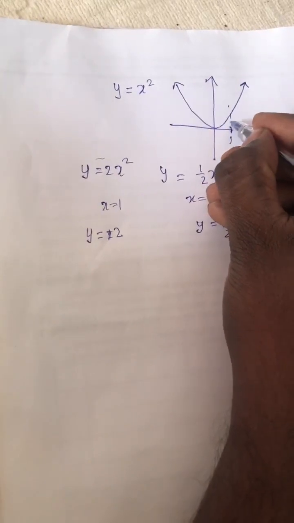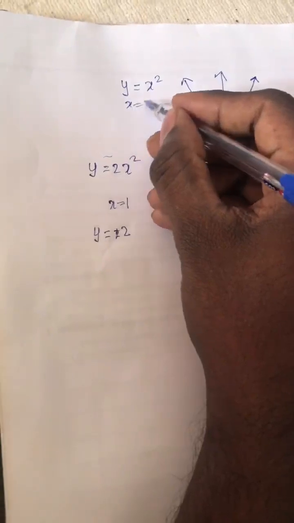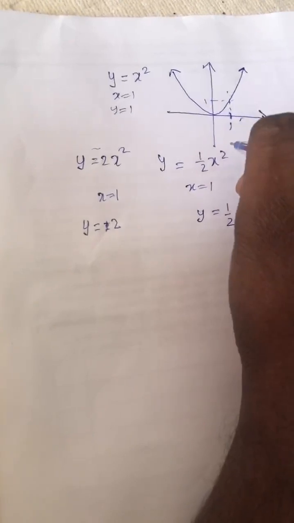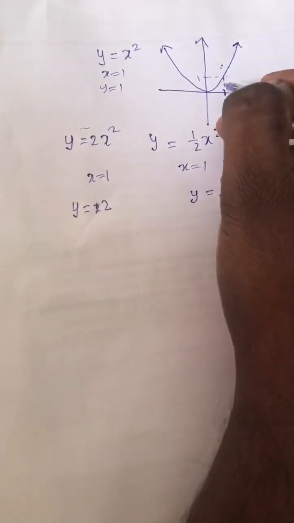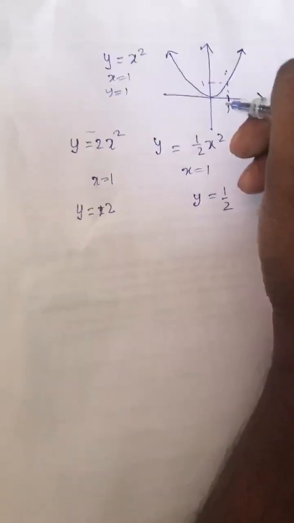So this is 1 for y equals x squared, right? 1 for y equals x squared, 2 for y equals 2x squared, that means here. So we can get a conclusion about how y equals 2x squared is going to be, right? When I draw this, it is just like that.